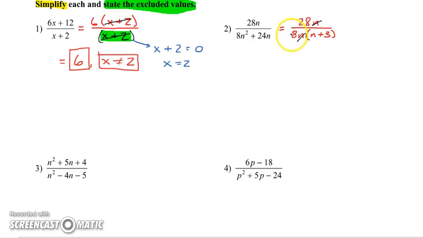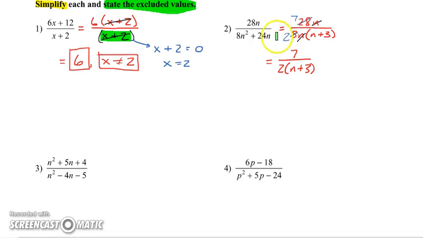And I think that 28 over 8, there's a number that goes evenly into both of those. I think 4 goes evenly into both of those numbers. So if I divide 4 out, I'm left with 7 on top and 2 on bottom. So my simplified expression would be 7 divided by 2 times n plus 3. I've divided out everything that can divide out, and I'm left with just this scenario now.